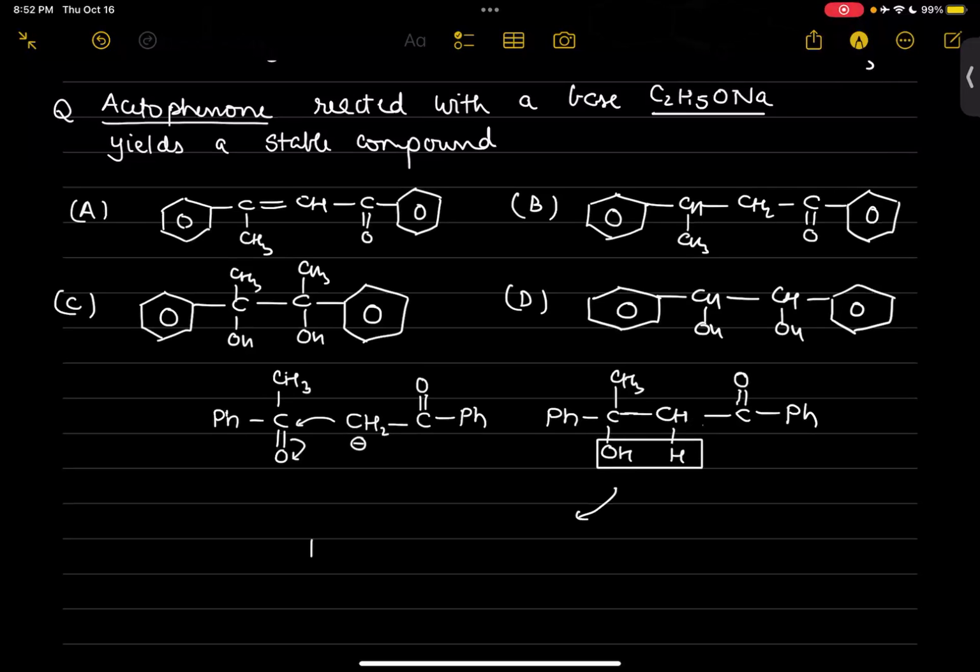So we are going to make the final product without that OH group. And this is going to be the final answer. Clear? So the right option is answer A.